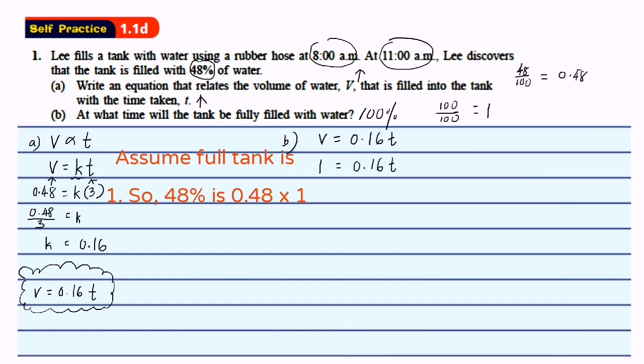So you know the opposite of multiply is divide. T equals 1 over 0.16. So the value of T is 6.25 hours.